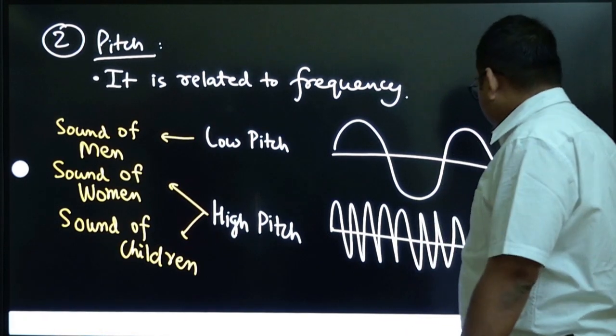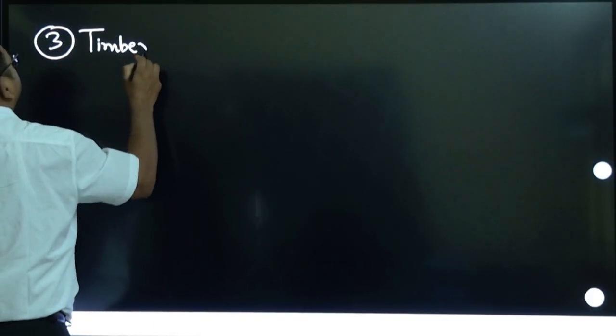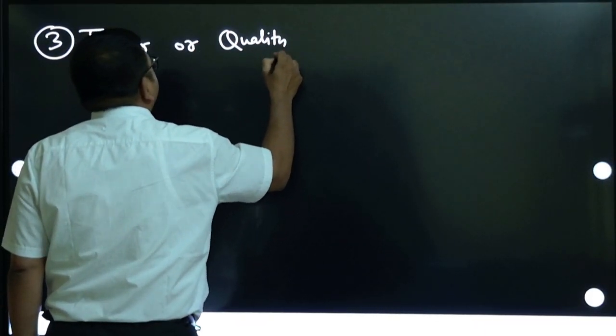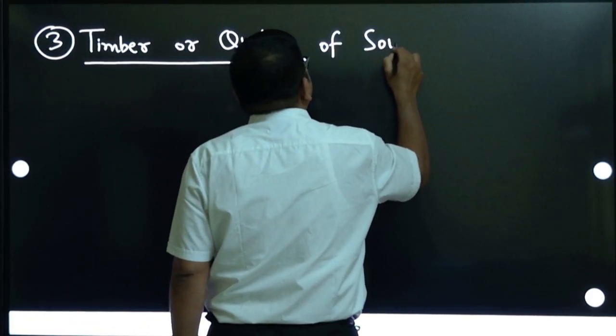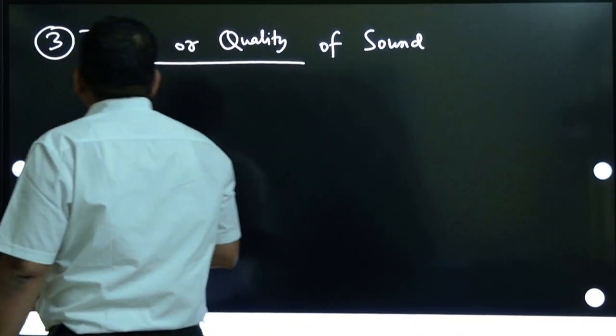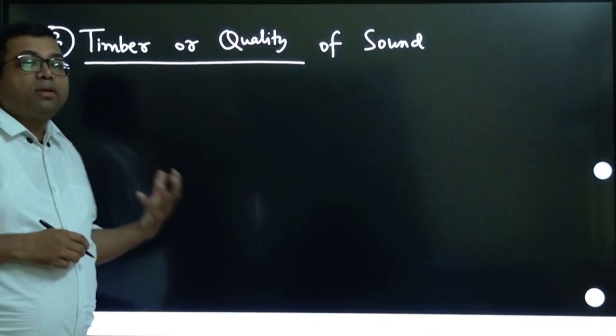Then the next thing is about quality or timbre. The third characteristic is the timbre or quality of sound. How do we measure this?